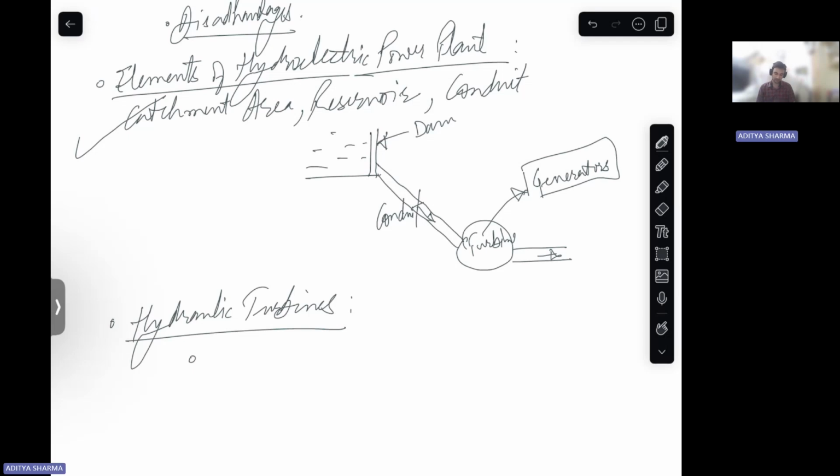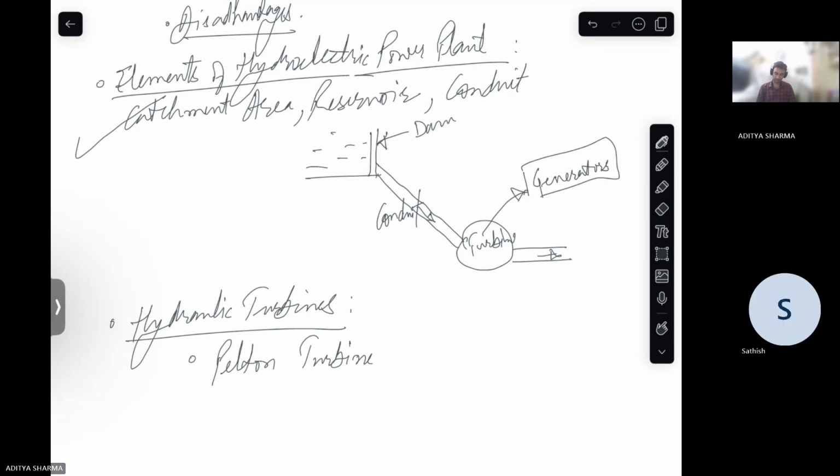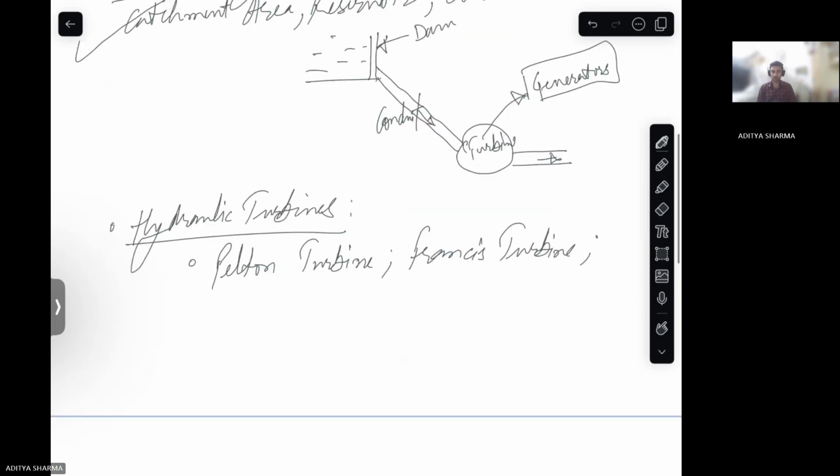So there are turbines like the Pelton turbine, the Francis turbine, right?